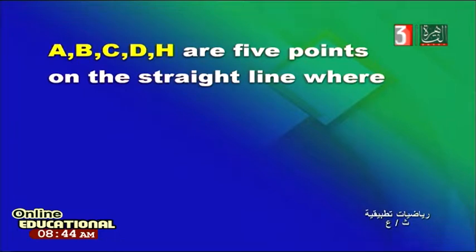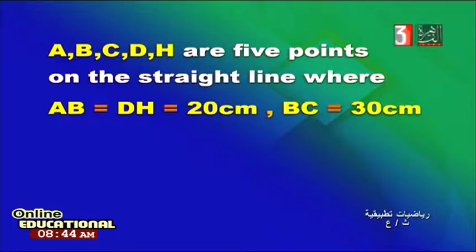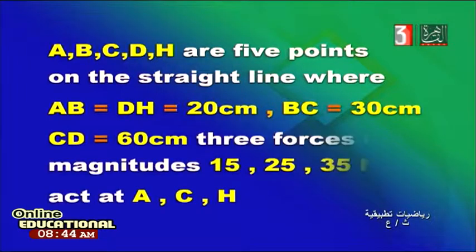Now we move to another example. A, B, C, D, H are 5 points on a straight line, where AB equals DH equals 20 centimeter, BC equals 30 centimeter, CD equals 6 centimeter.